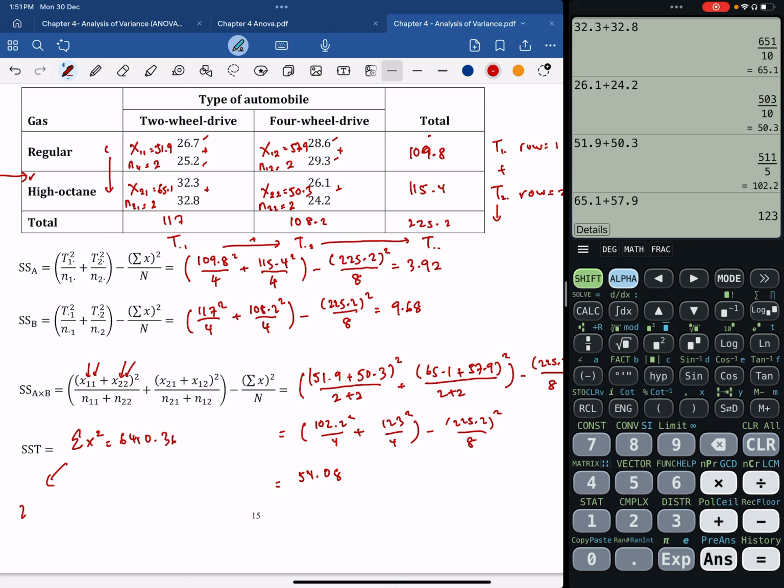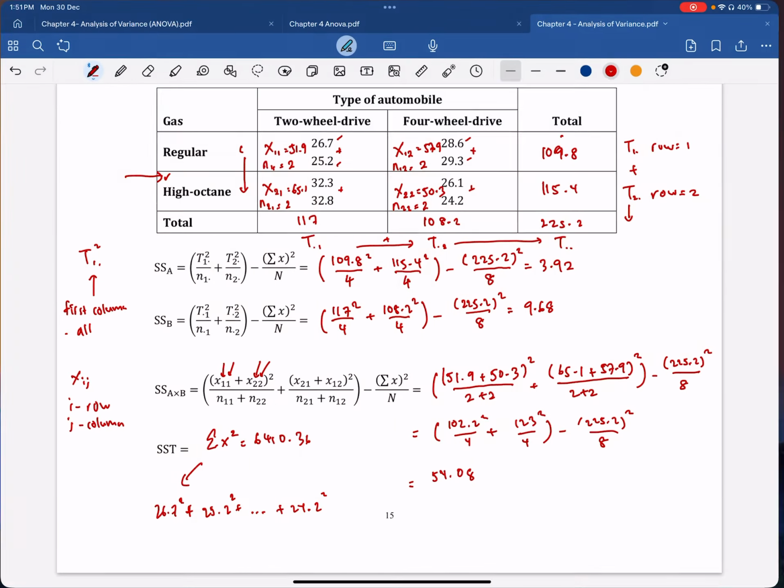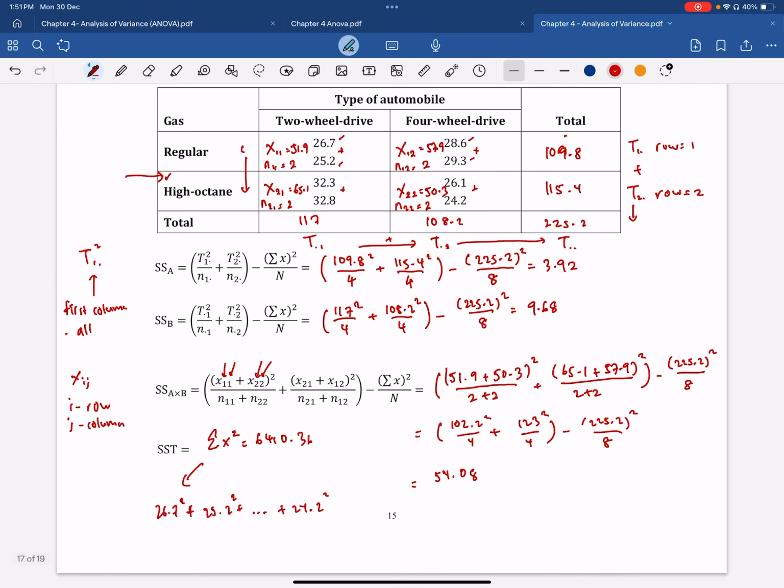It means that you square all the values and add them up. Remember to use your calculator to get it the fastest way. So the summation of x squared is 6410.36.